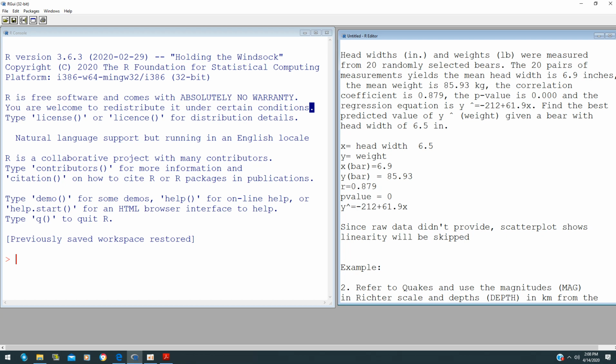Since this question did not provide it, we will have to skip this, or we just say linearity is assumed here. So what I can tell you is, if raw data like this question is not provided, then you either skip the step or you just assume that the scatter plot shows linearity. Now we go through the second step.